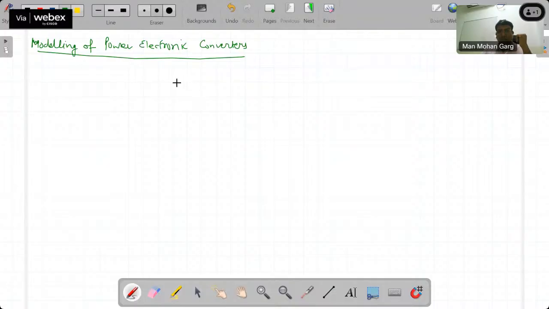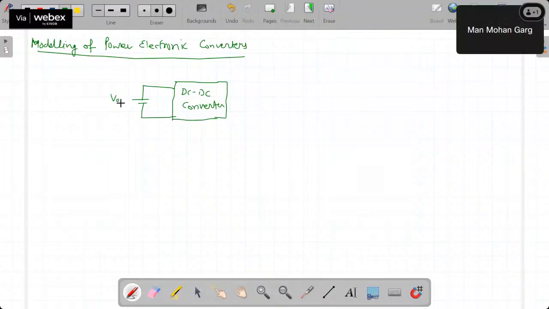So we know that this is our, let's say, DC to DC converter, and for any converter, this is our V input, this is the load, this is the output.